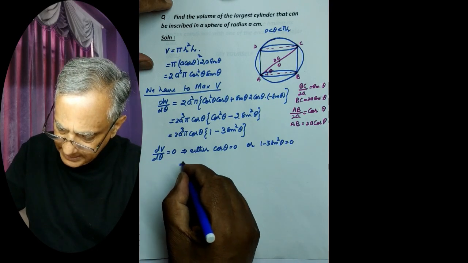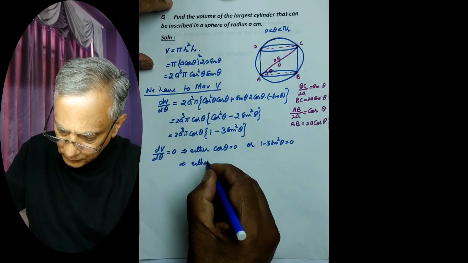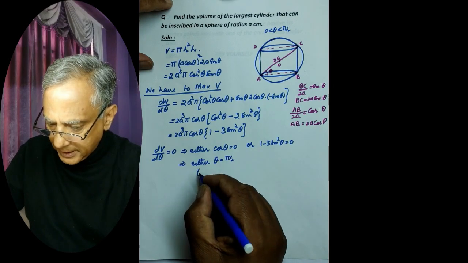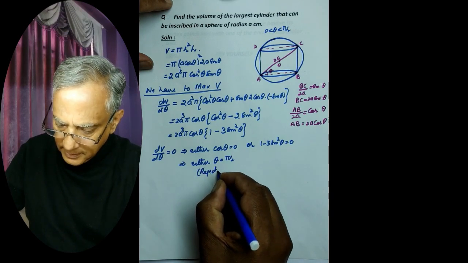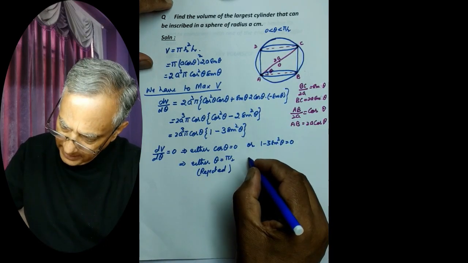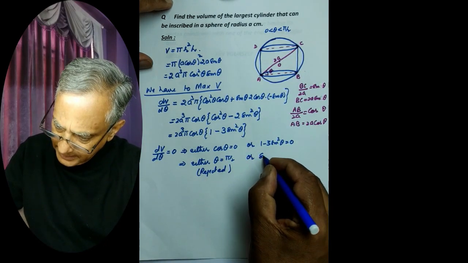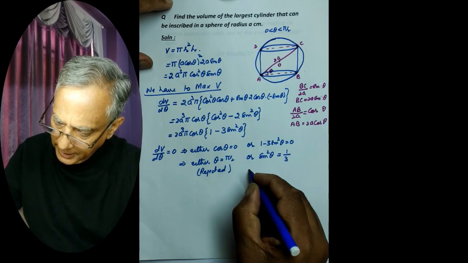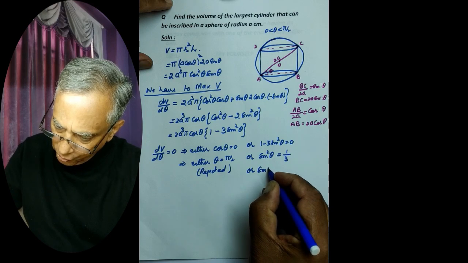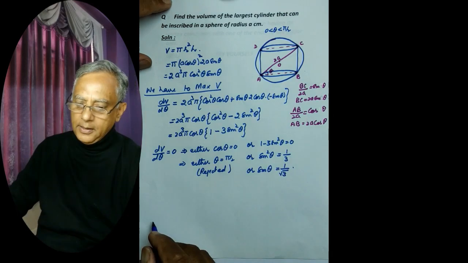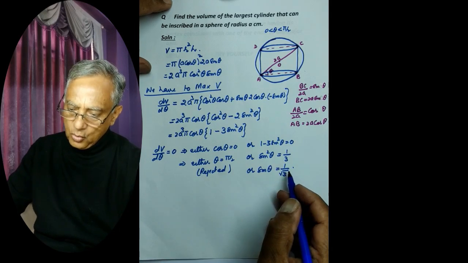And this implies either theta is equal to pi by 2, rejected, because theta lies between 0 and pi by 2, or sine square theta is equal to 1 by 3, or sine of theta is equal to 1 by root 3.